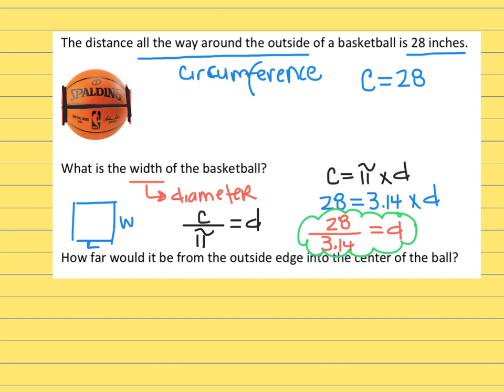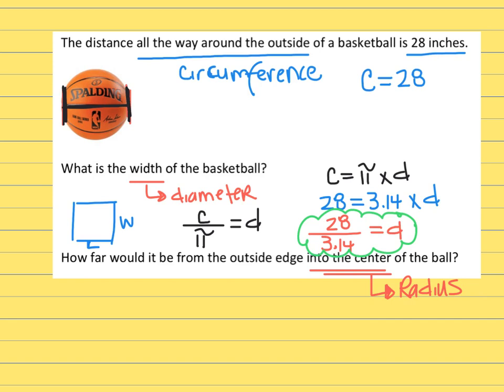Now the last question on this page says, how far would it be from the outside edge into the center of the basketball? I'm only going to go to the center this time. And center means radius. If you only go to the center and you stop, that means radius.